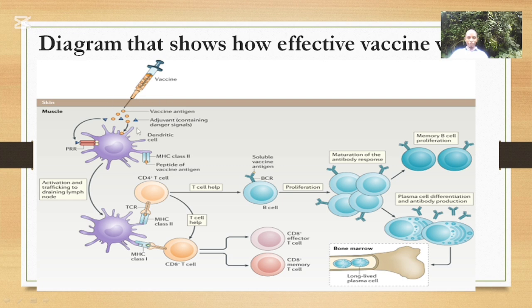When the vaccine is introduced in the body, the antigens are recognized by antigen presenting cells, those macrophages and B cells. Automatically, those antigen presenting cells present the antigen to the T helper cells, CD4 or CD8, according to the kind of antigen, because the antigen can be endogenous or exogenous.